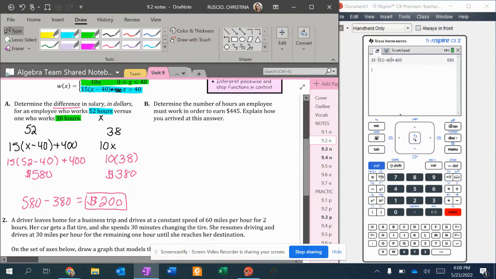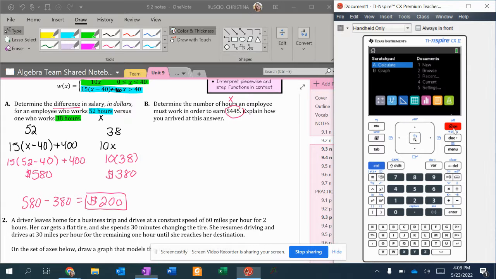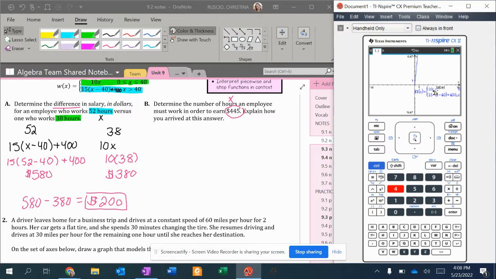Okay, now part B, on the other hand, is saying determine the number of hours. So we actually have to find the X value when we're given the Y. Now, there's a couple of ways that we can do this. I think graphing it is best. So take a minute, pause your video, graph this on your calculator. Okay, after you've done that, this is what it should look like.